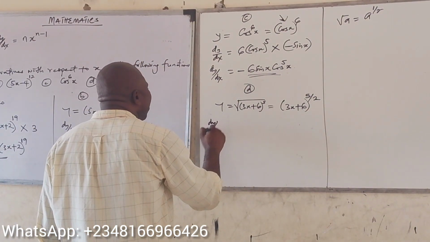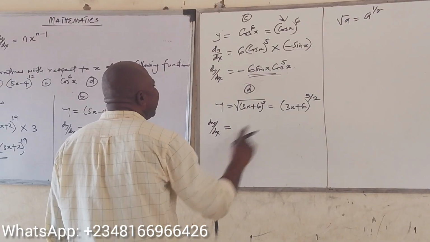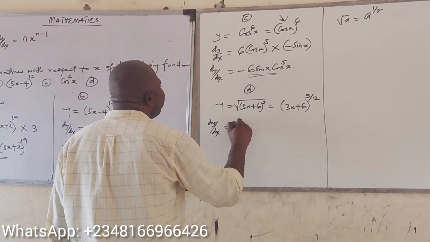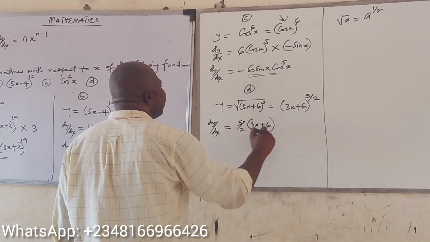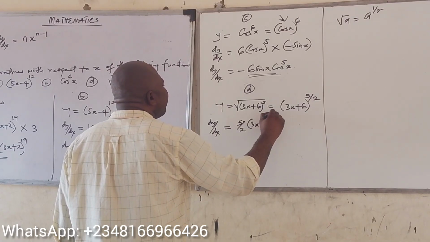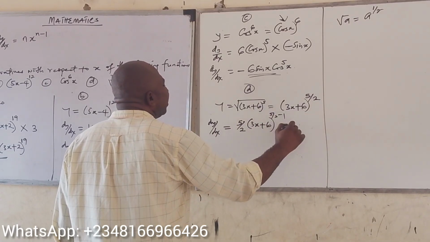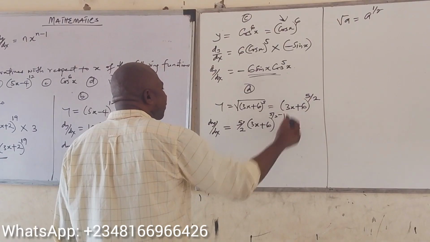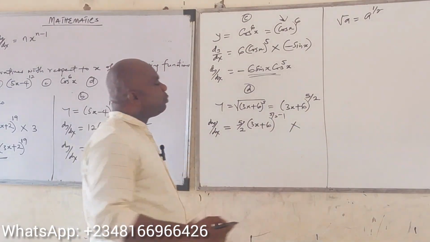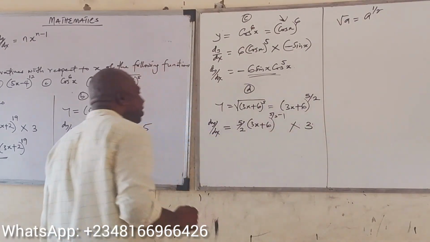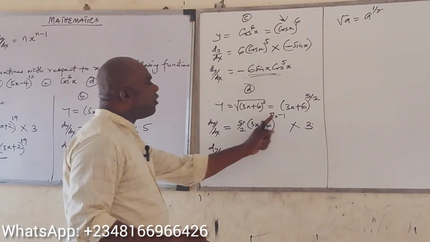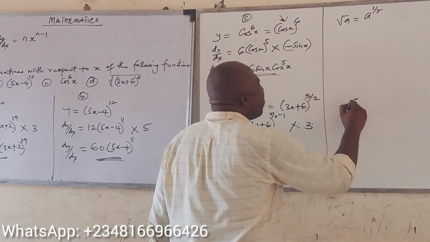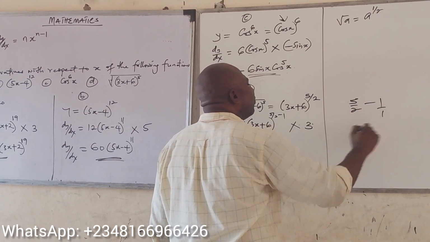Now let's see dy/dx. You differentiate this. So we have 5 all over 2 in bracket 3x plus 6 raised to the power of 5 all over 2 minus 1. Then you multiply it by the derivative of this function. When you differentiate 3x plus 6, it gives you 3. Now let's see 5 over 2 minus 1. This is 1 over 1.